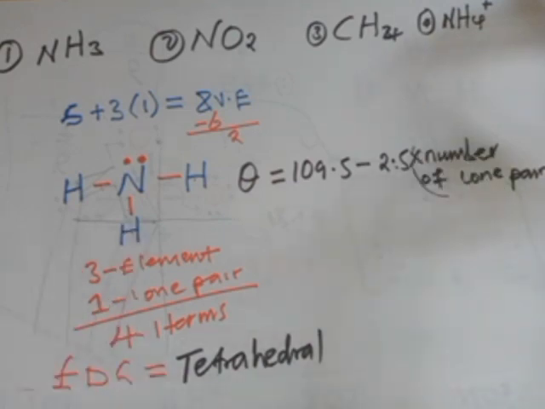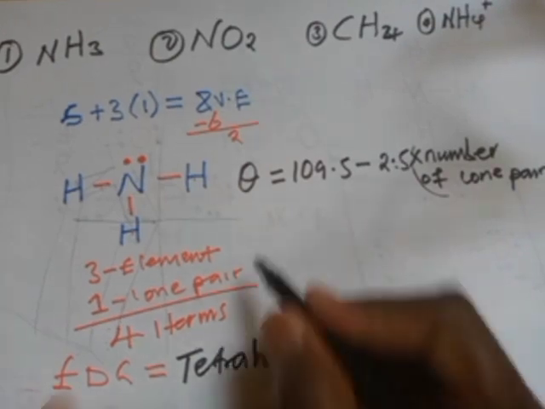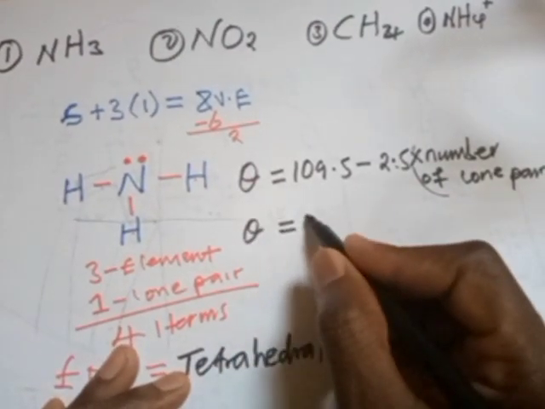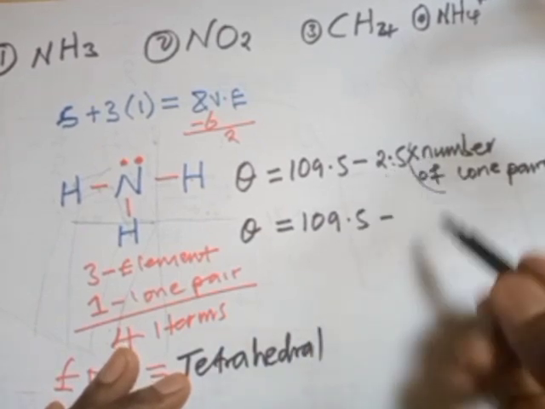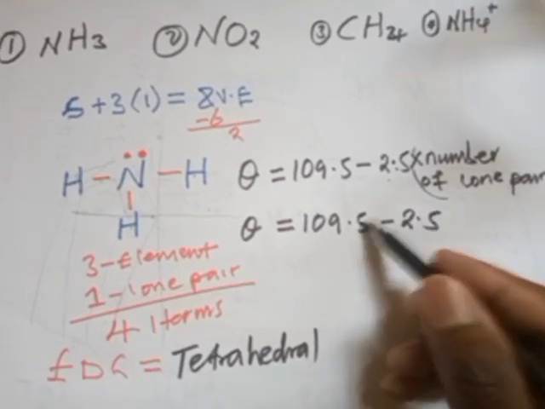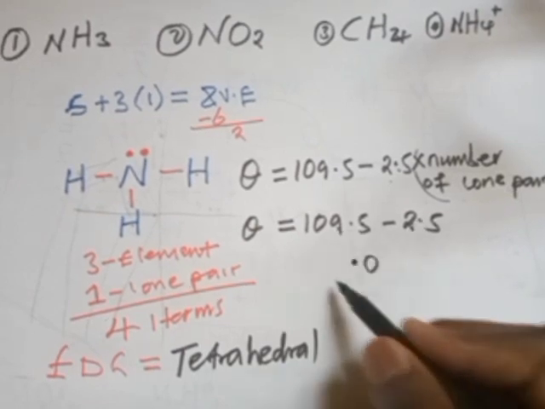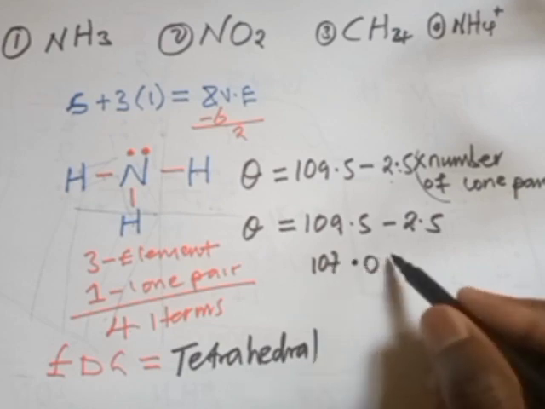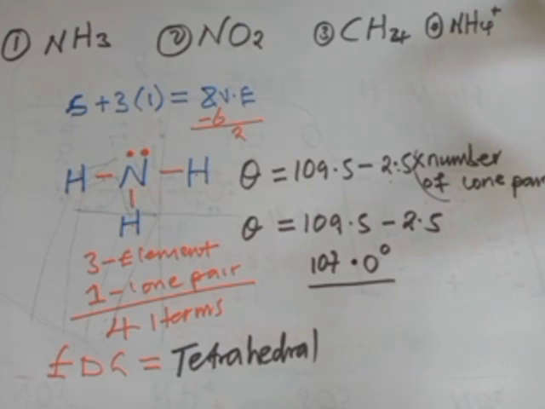How many lone pairs do we have here? We have 1 lone pair, meaning that I'll multiply 2.5 by a single lone pair, and theta is going to be equal to 109.5 minus 2.5 multiplied by 1, so we have 2.5 here. 109.5 minus 2.5 gives 107 degrees. This has to be the bond angle for this same compound.